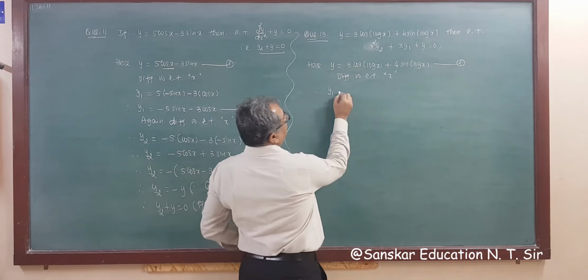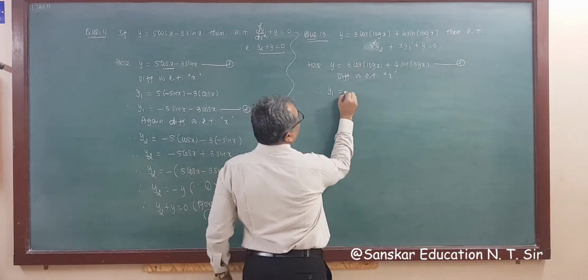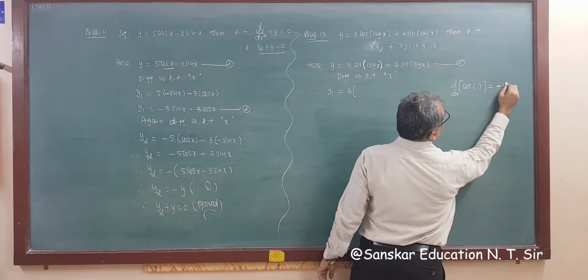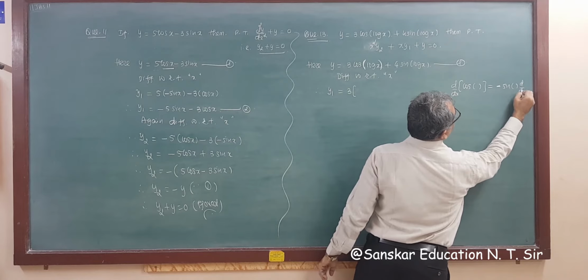Now 3 is constant, so 3 as it is. Here the derivative of cos bracket, this is not your standard form, this is a bracket. You know d dx of cos bracket is minus sin bracket into d dx of bracket.